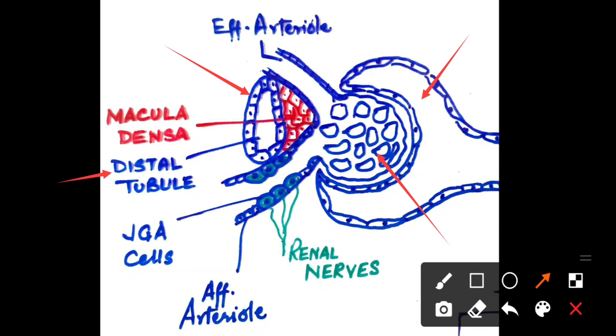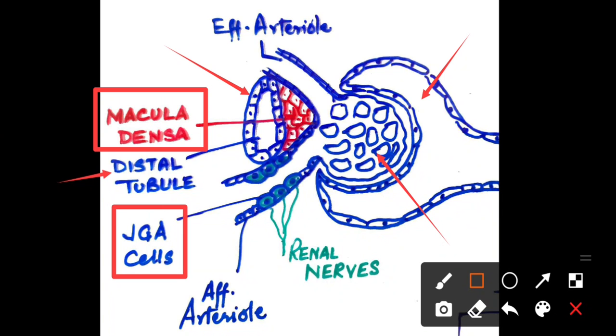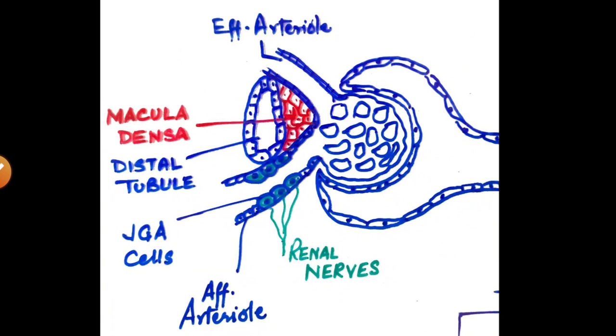Here you may find two particular things. Number one, the macula densa, and second, the JGA cells. I'll be taking this diagram again, but before this, I want to give you the components of the JGA system.